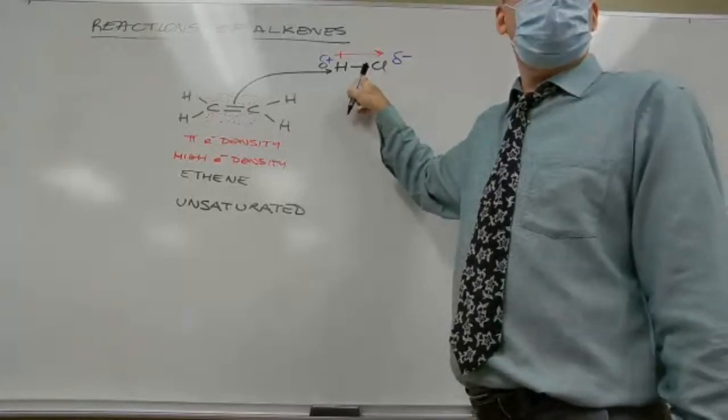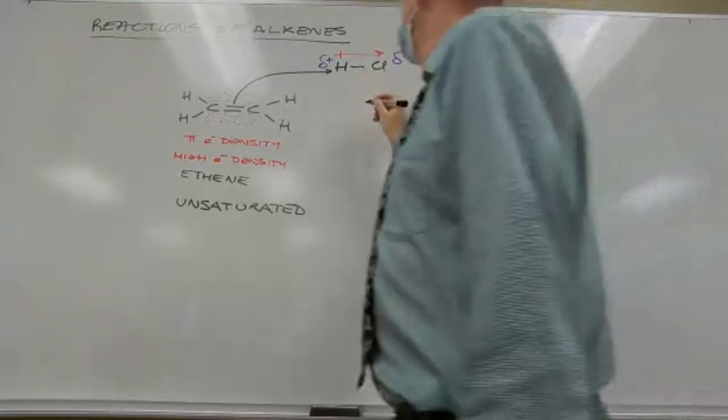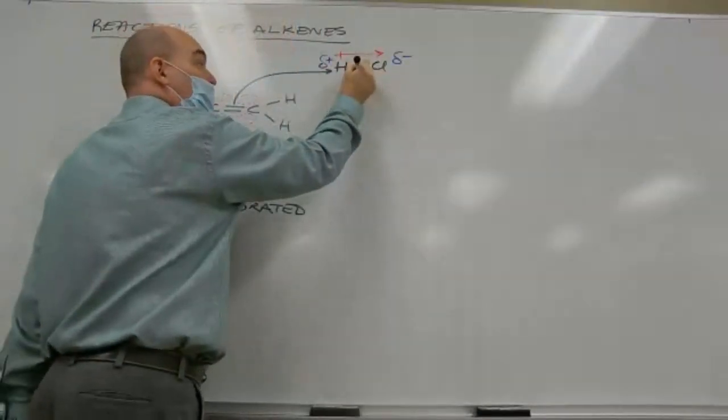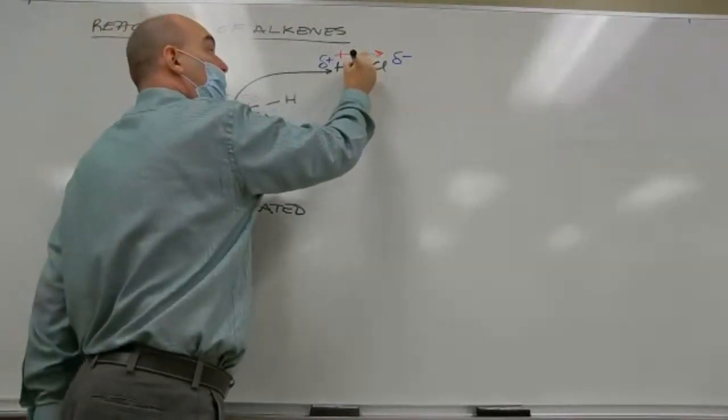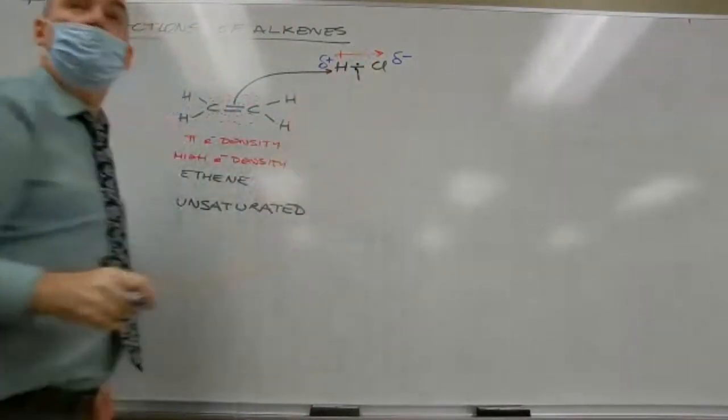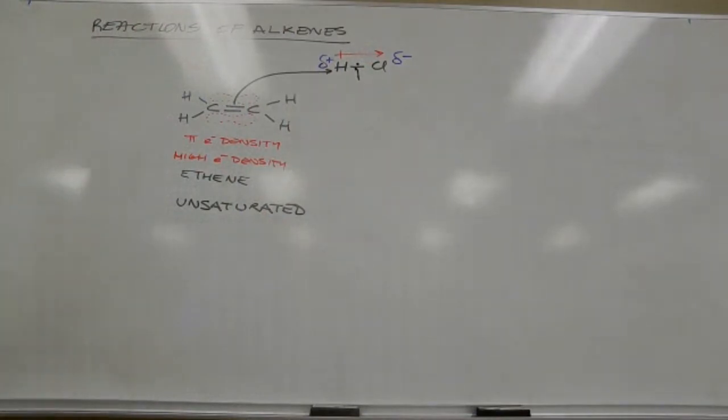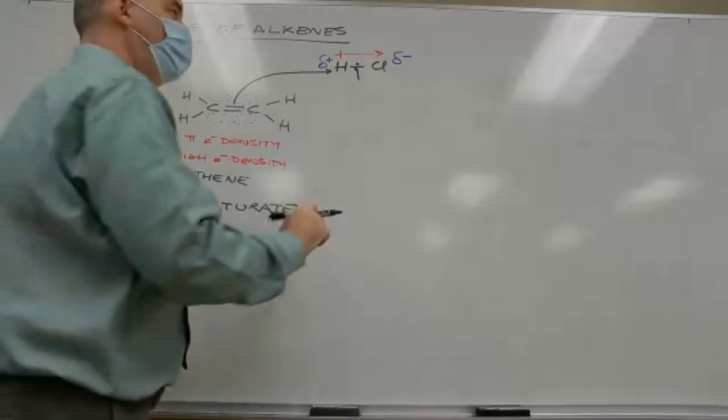So there's a second curved arrow. That curved arrow starts here at the center of the bond where those electrons are. Where is the arrow going to end up? Yeah, Rebecca, it's going to the chlorine.